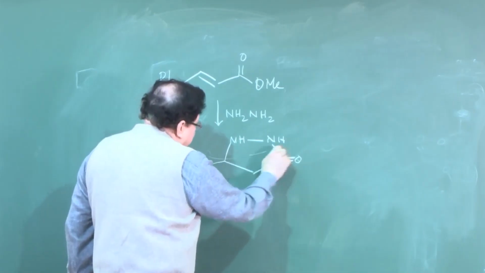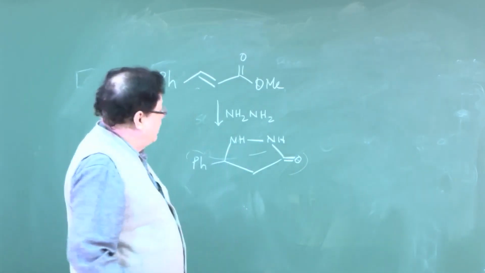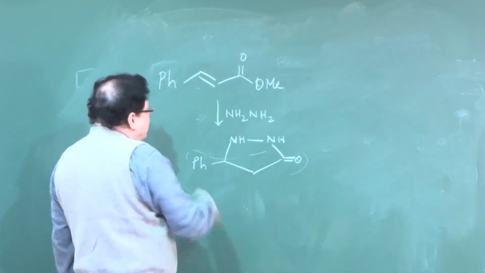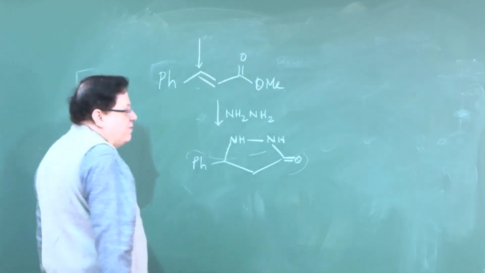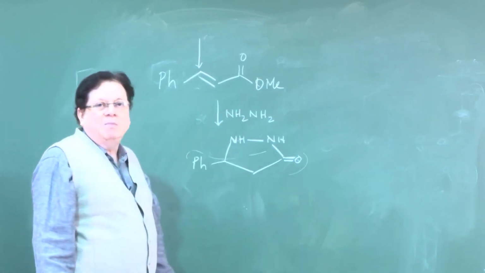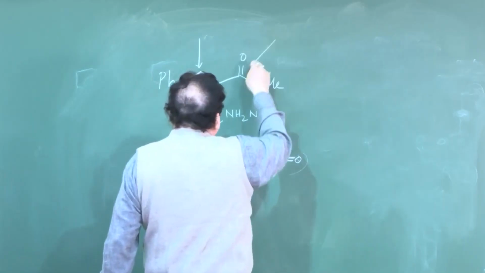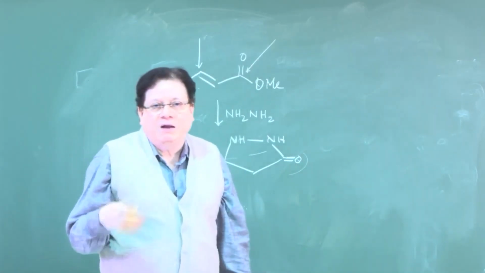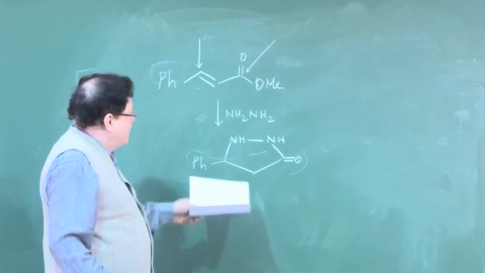That comes from the cinnamic acid with the removal of the methoxy, and the other nitrogen adds to the double bond. Here there are 2 centers where a nucleophile can attack. It is the double bond beta carbon, in a Michael fashion, or the nucleophile can attack the carbonyl carbon. Actually, both have happened, so that you ultimately got the heterocyclic ring.